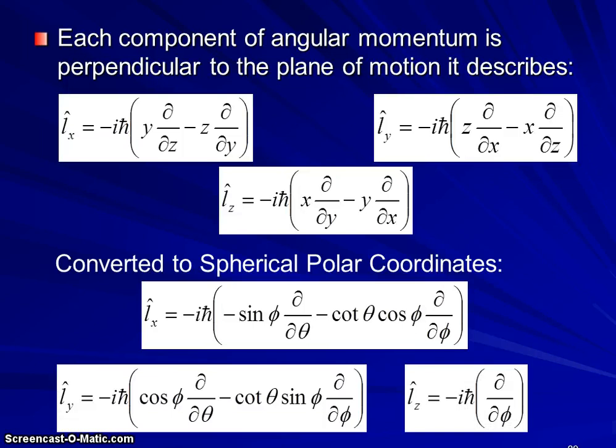But look at the z-axis, because the z-axis is the one about which we build the spherical polar coordinate system. It has a much simpler derivative even than the z-axis has in Cartesian coordinates, and that's going to make our math a bit simpler later on.